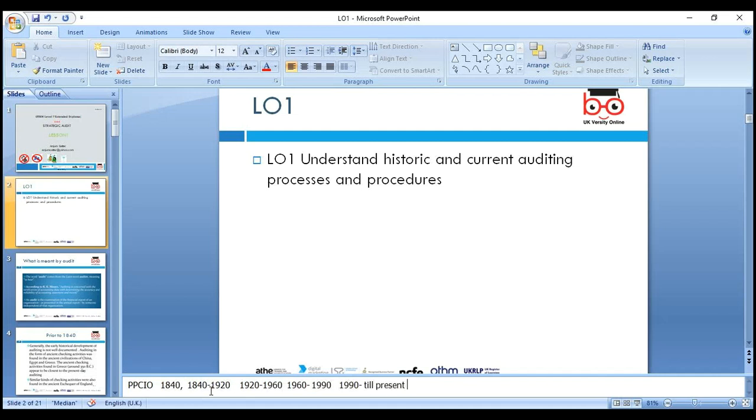So audit history is divided into these periods. We can discuss in our assignment what sort of revolution, change, amendment, or improvements happened within those periods in terms of procedures and processes.